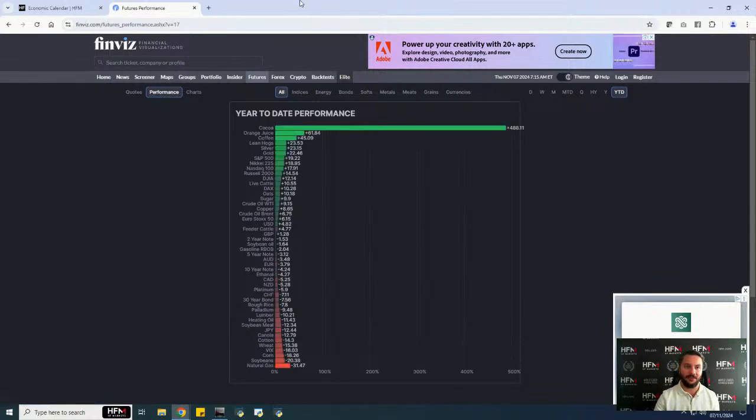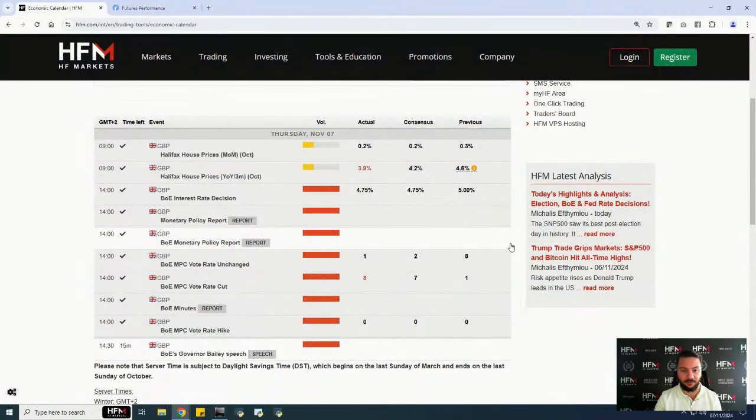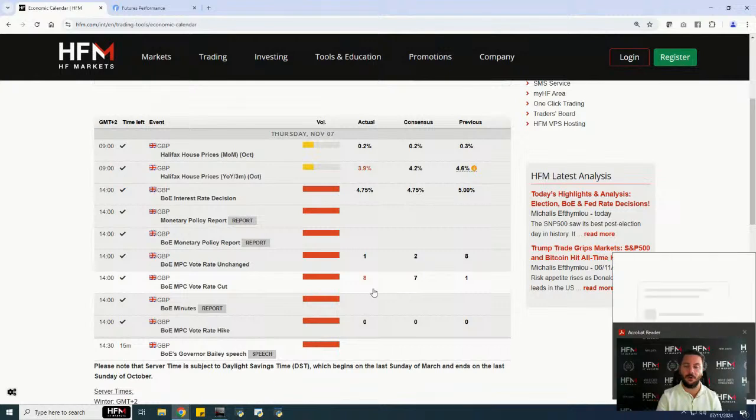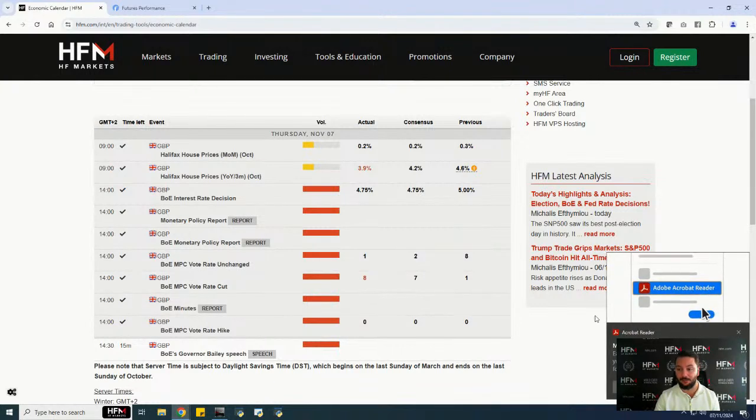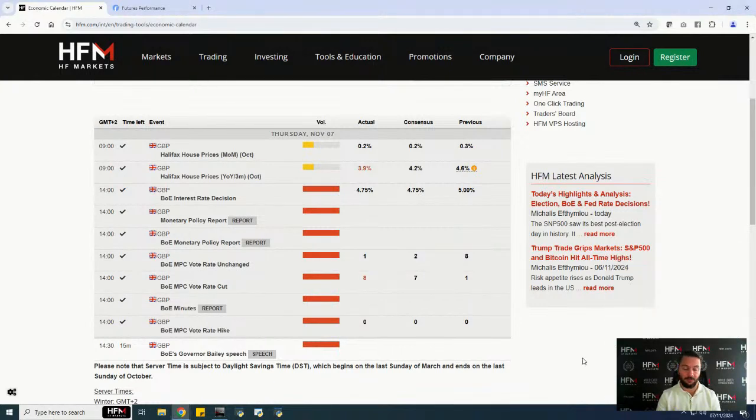So even though that's something which is negative for the Bank of England and the Great British Pound, the fact that we had more people vote for rate cuts than previously expected, people will take that into consideration for the next meeting. They'll say to themselves, from nine members, eight voted for an interest rate cut. So there's a high possibility that they're going to continue cutting interest rates.